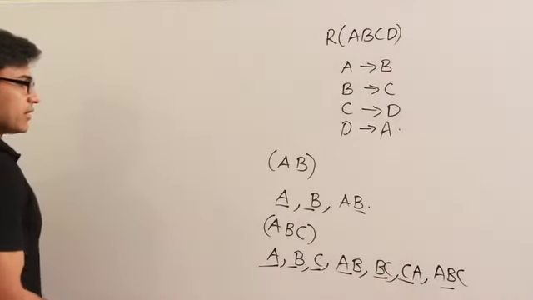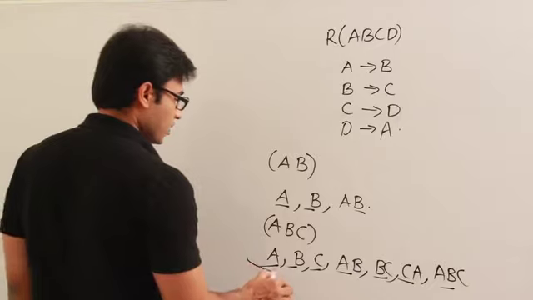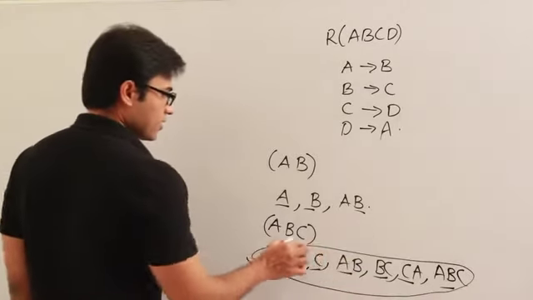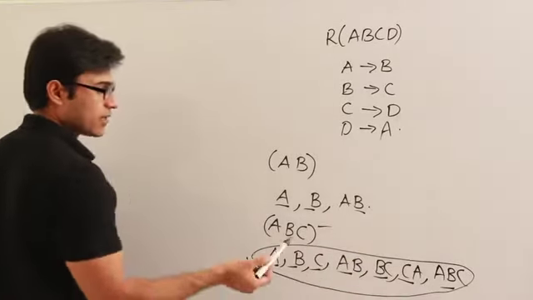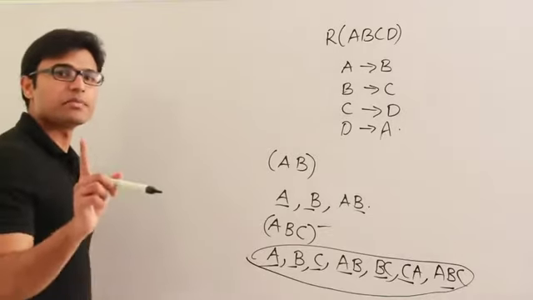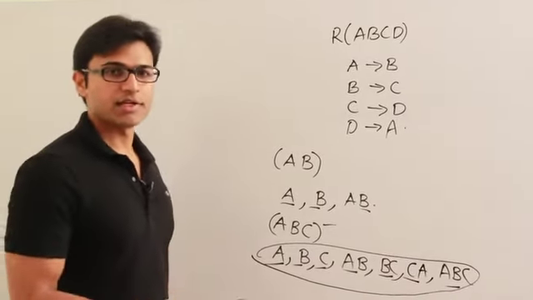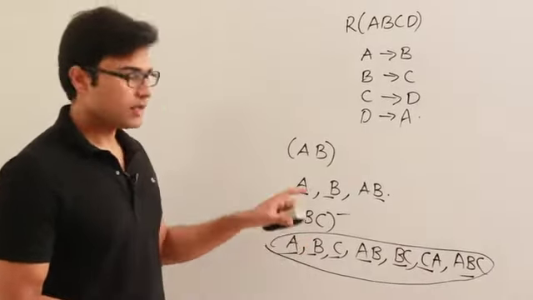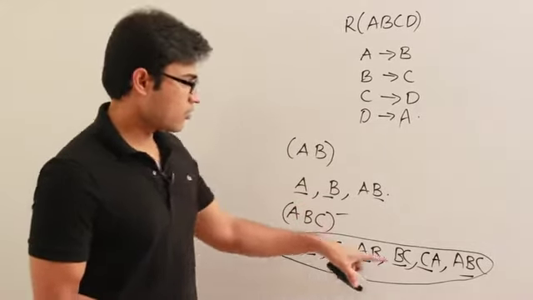So in general, given this set, what is this? This is nothing but the set of all subsets except one element, isn't it? What is that element? The null element, right? So except null, this is the set of all subsets.